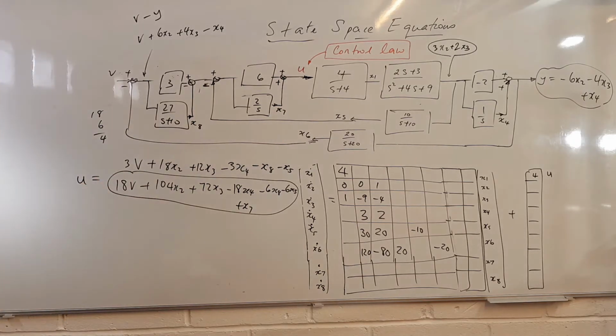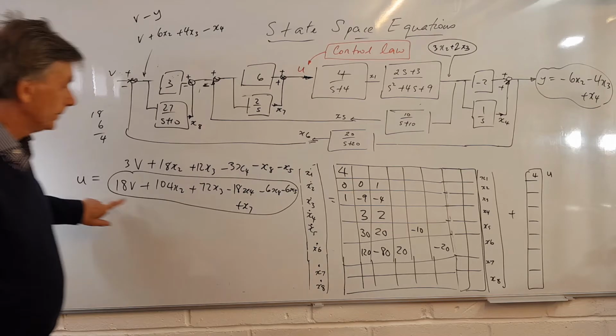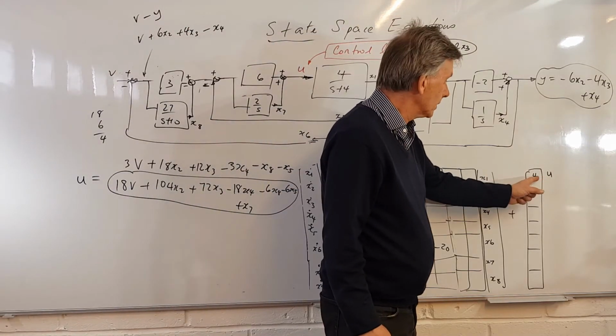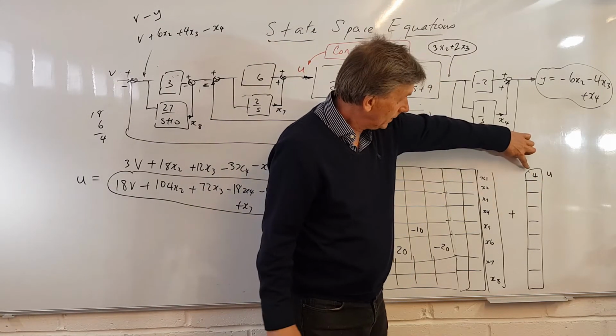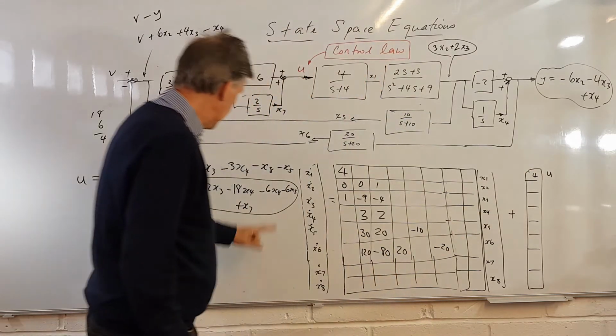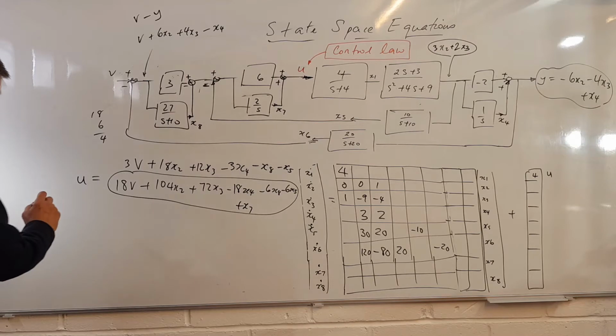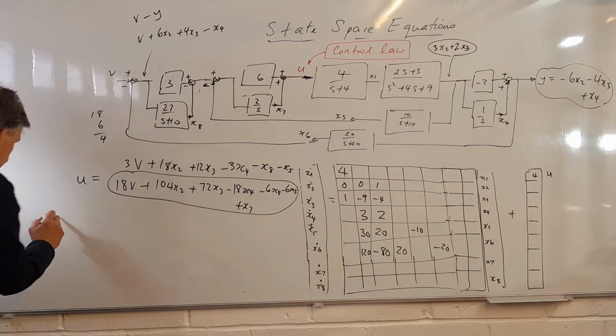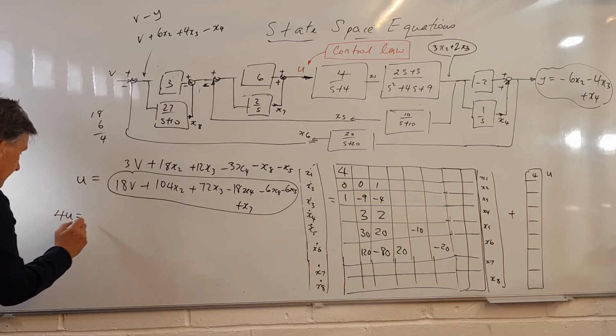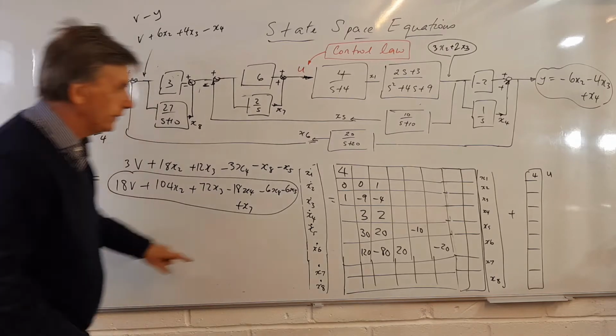So there's our control law now, and what we're going to do is put the control law u into here. We've got a 4u here. Notice we've got a 4 there. So a good idea now is to work out what 4u is. We're doing 4u because we need 4u over here.